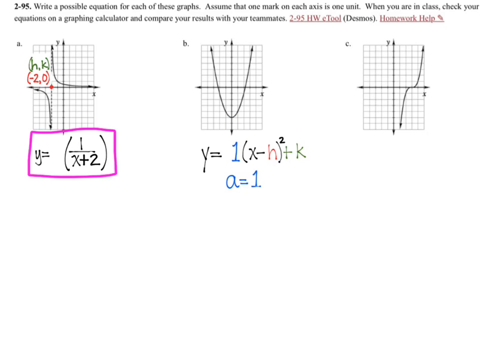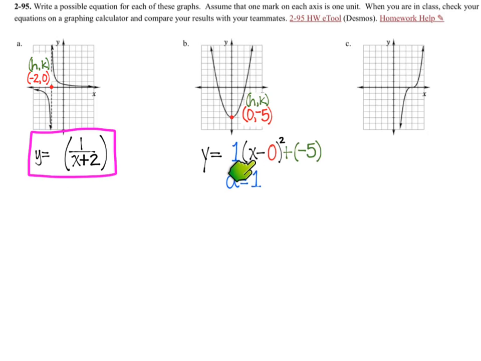Now I also notice that the origin, which we had at (0, 0), got moved. This is where the vertex of the parabola used to be, but the parabola got moved down here to this new vertex of (0, -5). That new vertex, that new origin, is my (h, k). So in the equation, I'm going to replace those with the 0 and the -5.